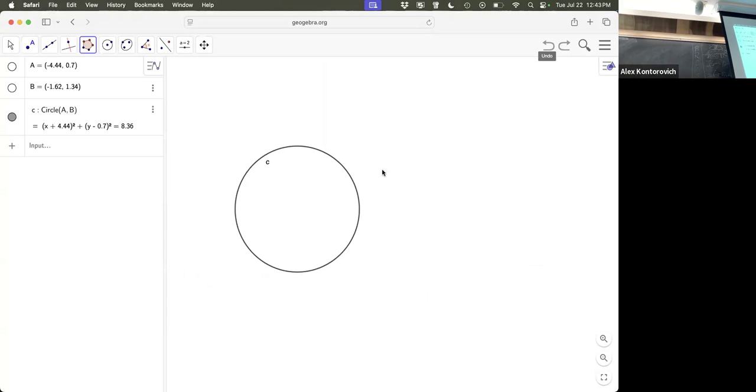What is this? How do I find that? Okay, intersection point.